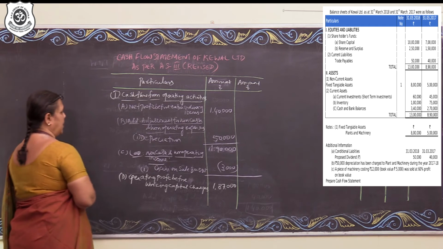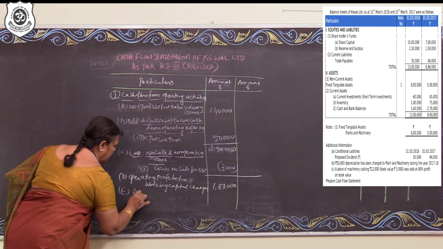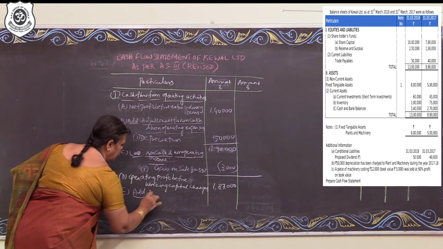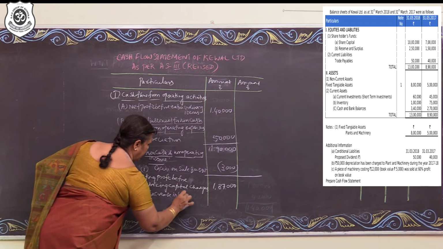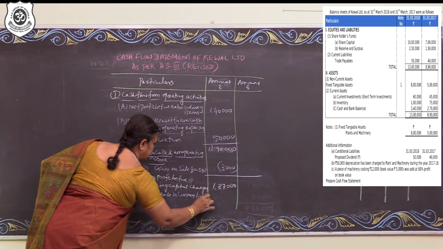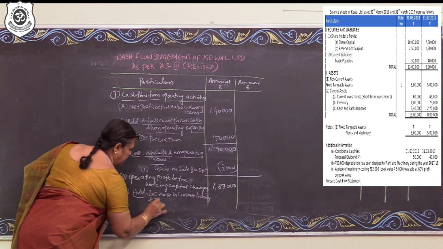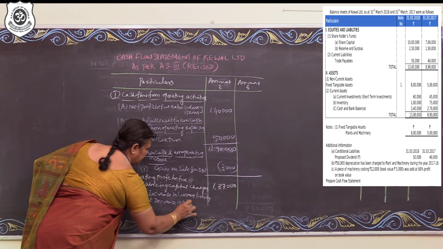Then we are going to add increase in current liability and decrease in current asset.